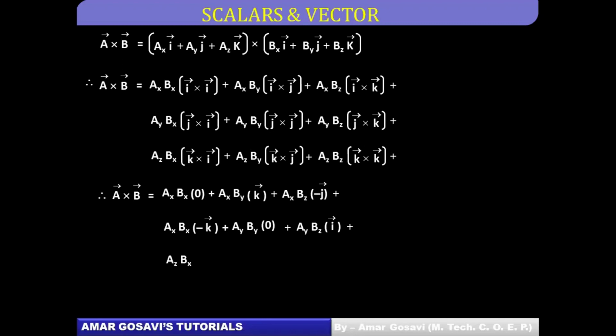The next term, last row, AZ BX, K cross I would be given as J, plus AZ BY, K cross J would be given as minus I, plus last term AZ BZ, K cross K is again 0. So this is the final outcome, friends.